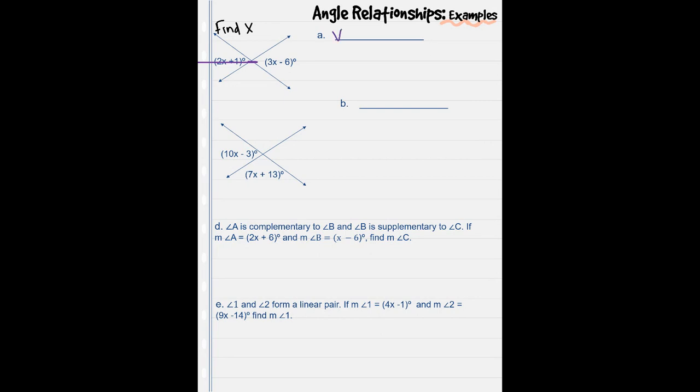So they are our vertical angles. And they are what? Equal. So in order to find x, solve for x, I'm going to put both of those equal to each other. So we got 2x plus 1 equals 3x minus 6.